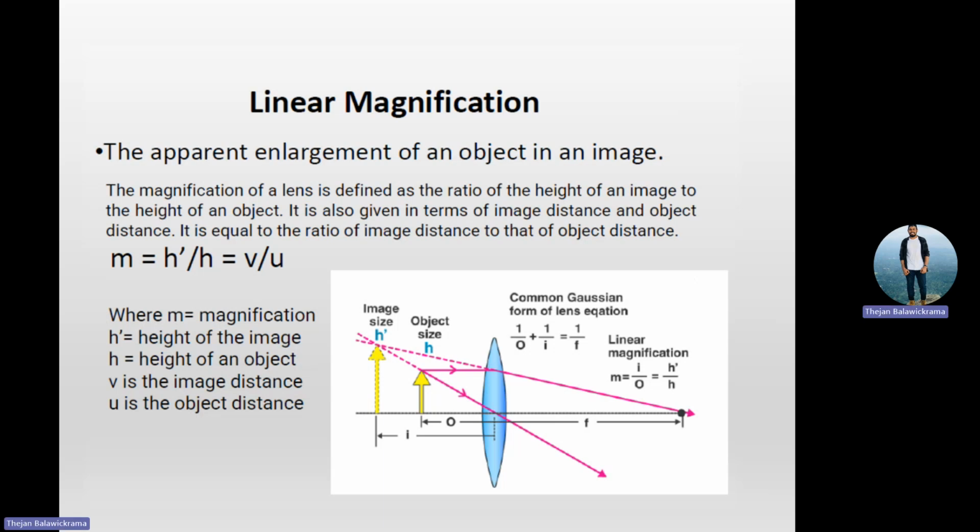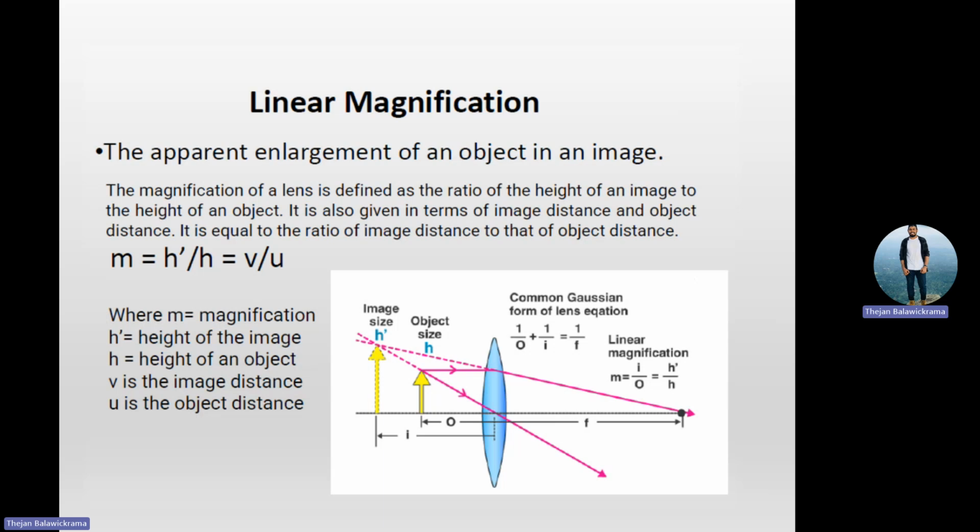So linear magnification. What is linear magnification? The apparent enlargement of an object in the image. This is called the linear magnification.